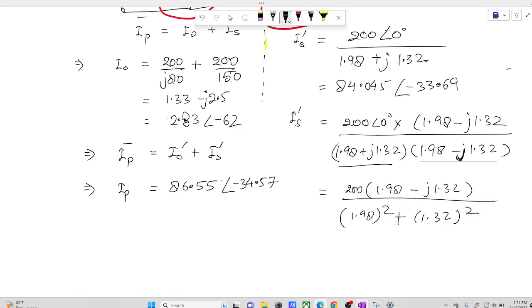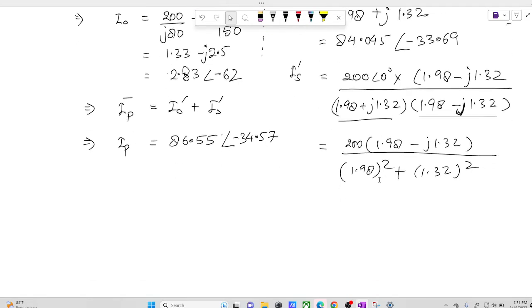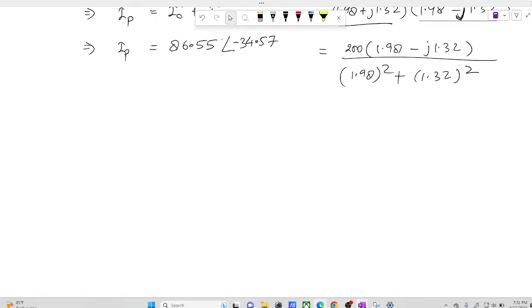Sorry, 86.3228, yes. This is just due to some rounding errors. The acceptable answer should be within 86 point something, no problem. So we will move to the next part now. They have asked to estimate the low voltage side power factor.